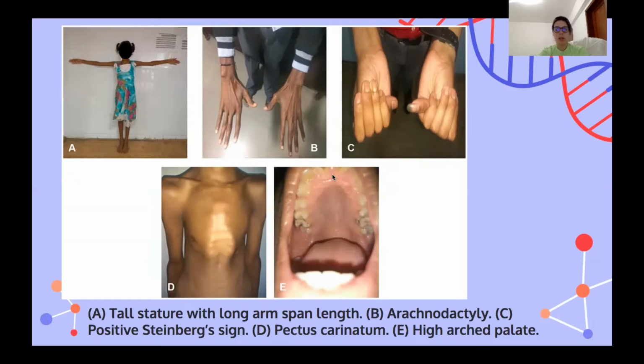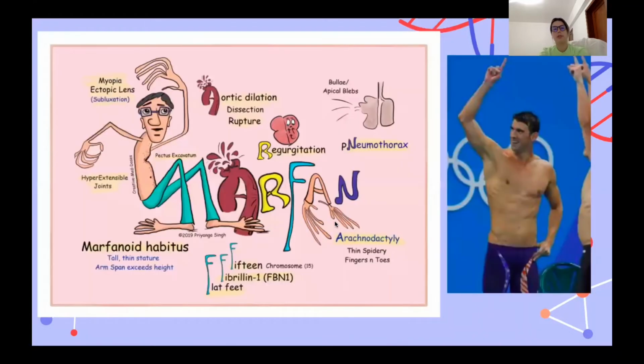In this test, you fold your thumb into a closed fist. The test is positive if the thumb tip extends from the palm of the hand. And then you see the pectus carinatum, and then the high arched palate, which we saw prior.